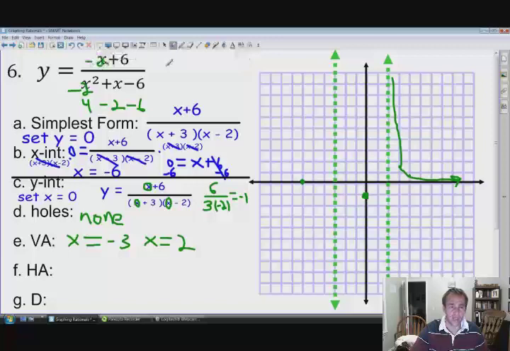So that's going to be 6 minus 2 is 4, all over -8, and positive 4 is -4. So that's going to be a -1. Interesting. So at x equals -2, we get y equals -1. So we're going to go -2 and then go -1 right there like that.